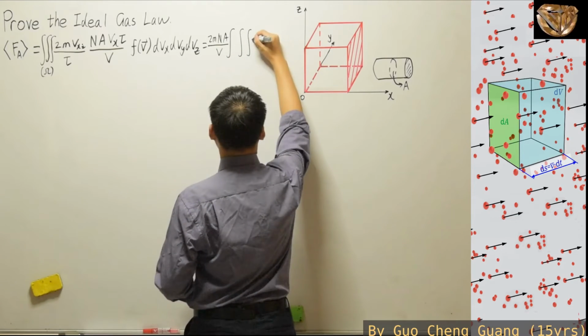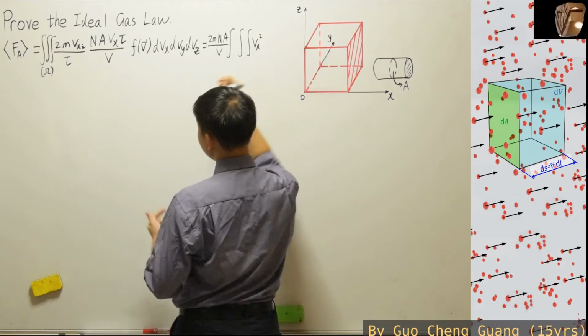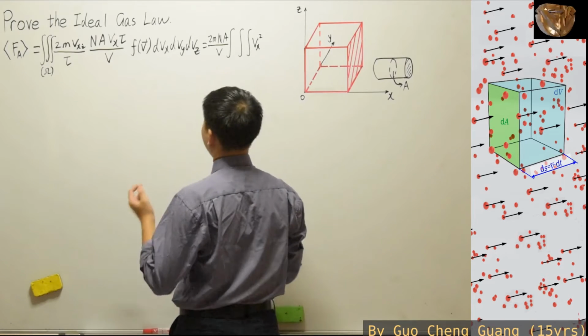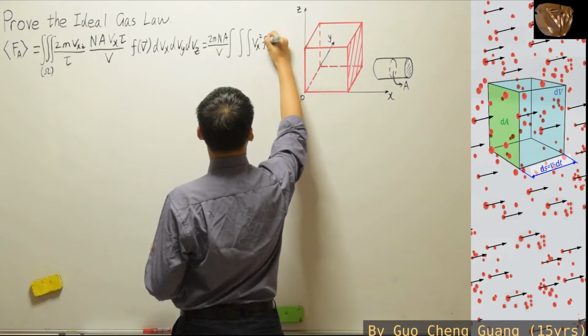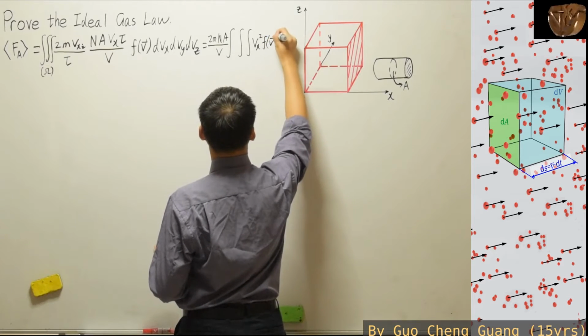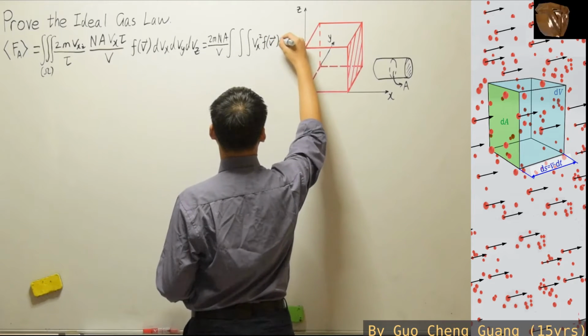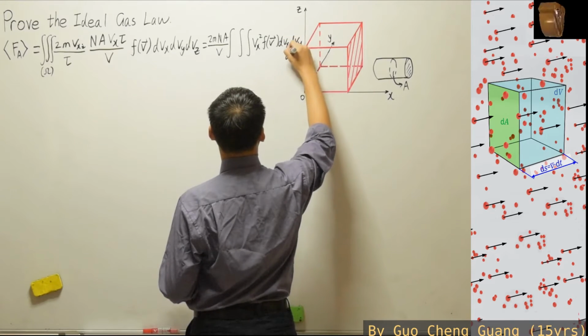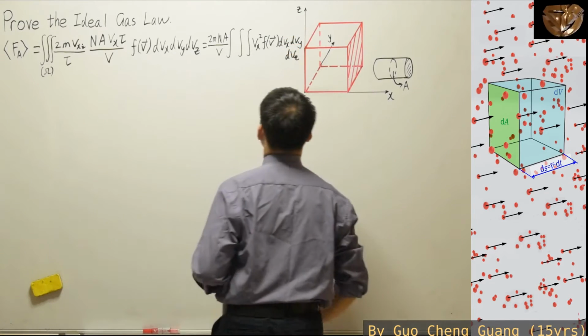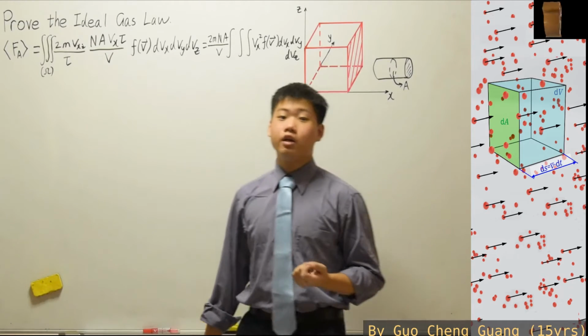And inside you have vx squared, since vxi and vx are technically the same. And of course, your probability density function. Alright, so vx, vy, and vz.